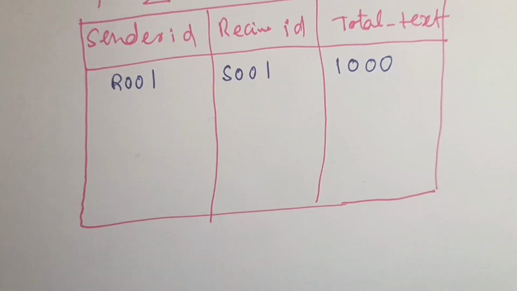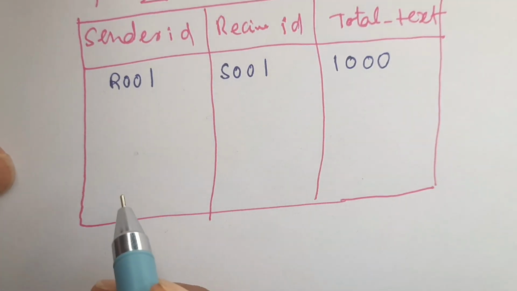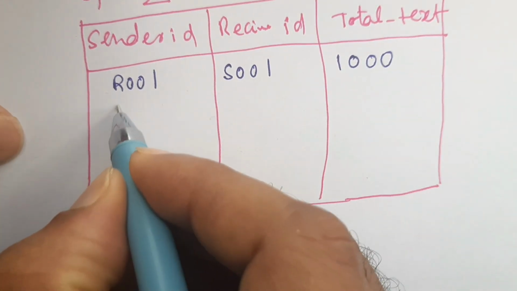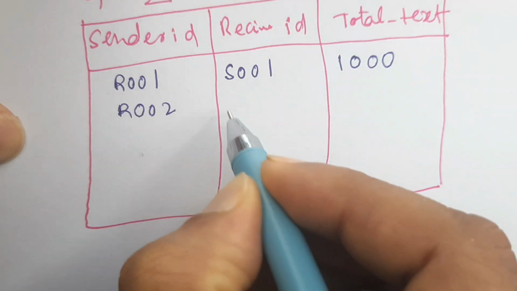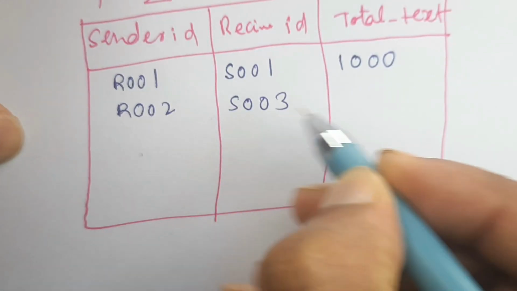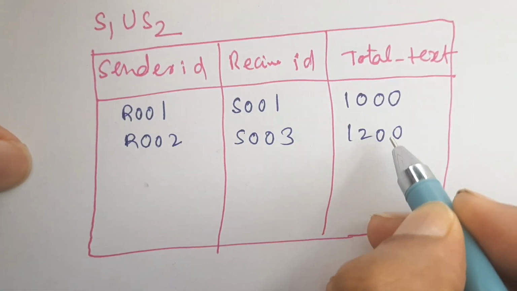So I am going to write here R001 1000, R002, S003 1200.